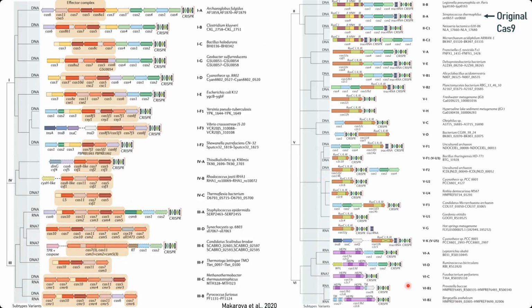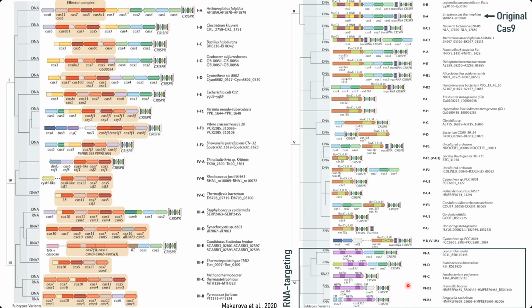And there are very interesting subclasses. For instance, the type 6 CRISPR-Cas systems don't target DNA, they target RNA, etc. So Cas9 has been receiving a lot of attention, but there are also lots of cool technologies that derive from other kinds of CRISPR systems.